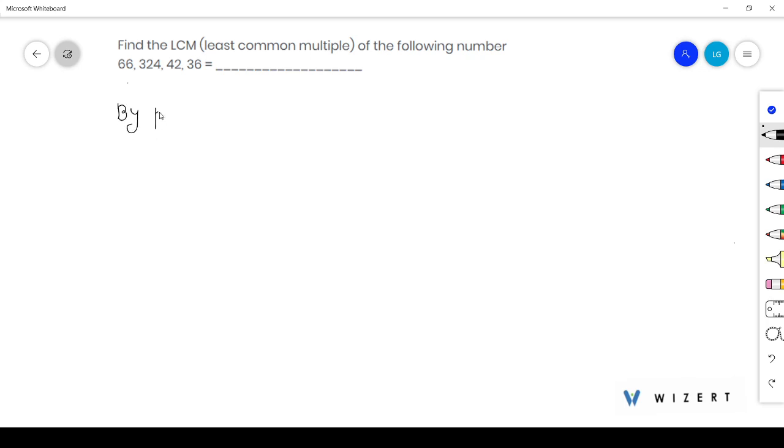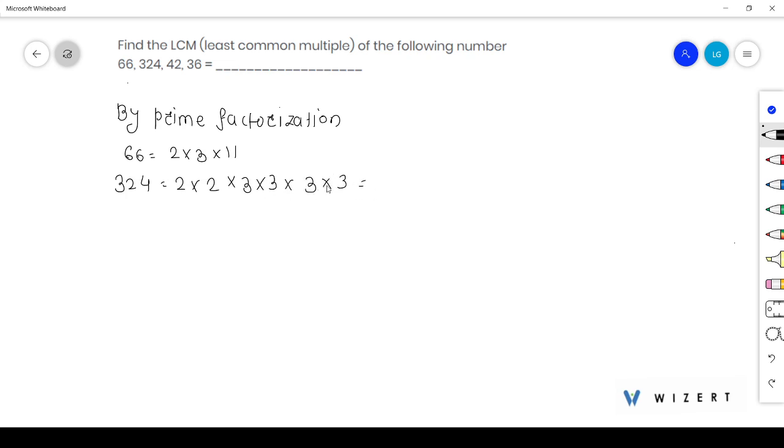Firstly, by prime factorization, 66 can be written as 2 into 3 into 11. Then 324 can be written as 2 into 2 into 3 into 3 into 3 into 3, that is 2 to the power 2 into 3 to the power 4.